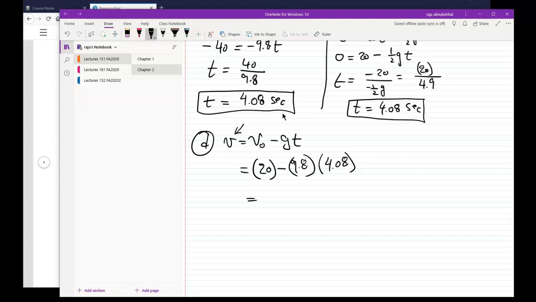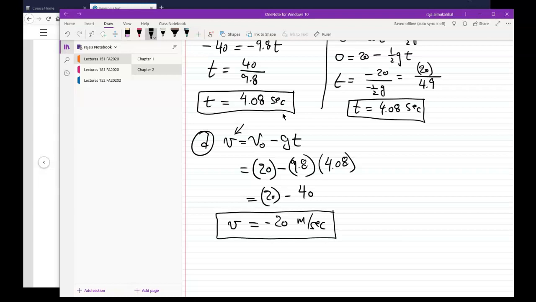And when you do that, you will get 20 minus 40 roughly, and that will be negative 20 meters per second. Actually, as you can see, the mathematics takes care of it and gives you that minus sign automatically, telling you it's pointing downward. Even if you don't know that, the math will tell you that.